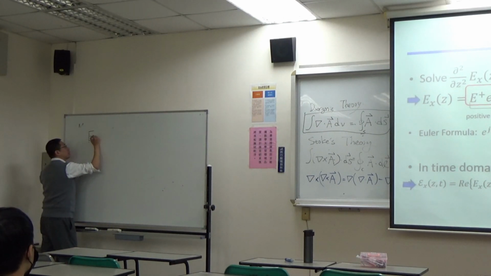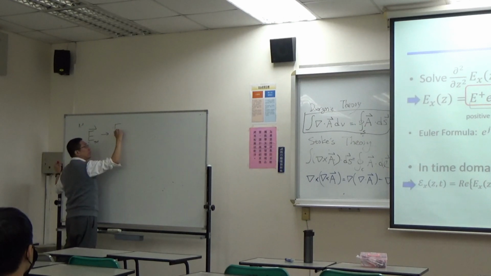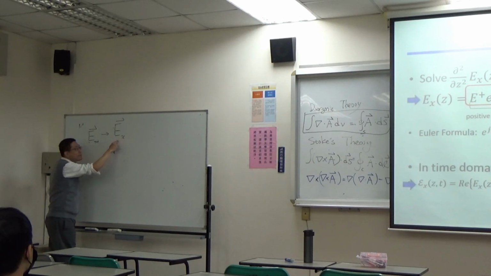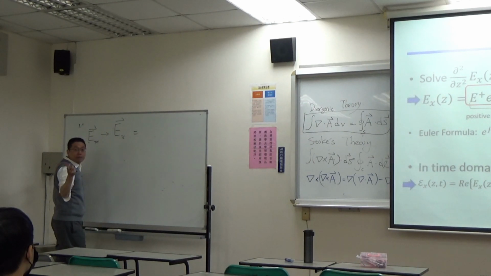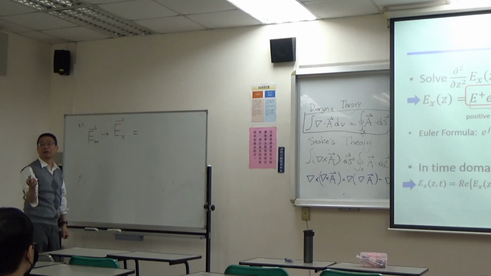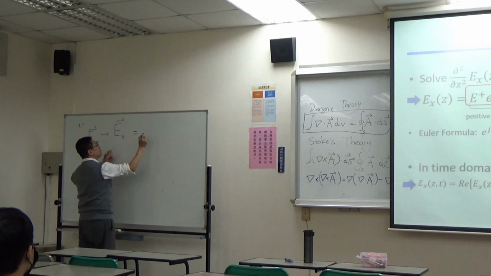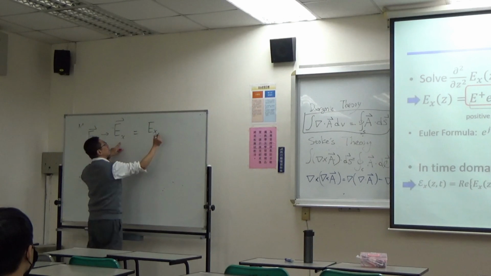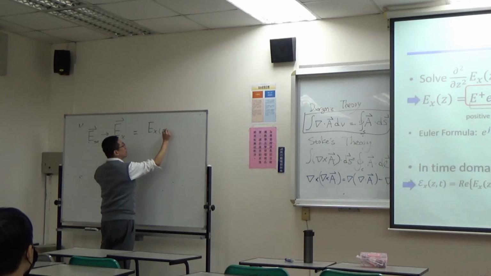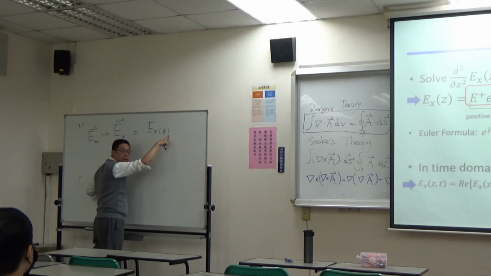Your total electrical field E, if you want to simplify it, if your E field has only X direction, equals to, this is a simplification, okay? 我假设它只有 X 方向，哦，OK，那 equals to E X, and it is a function of only Z, okay?